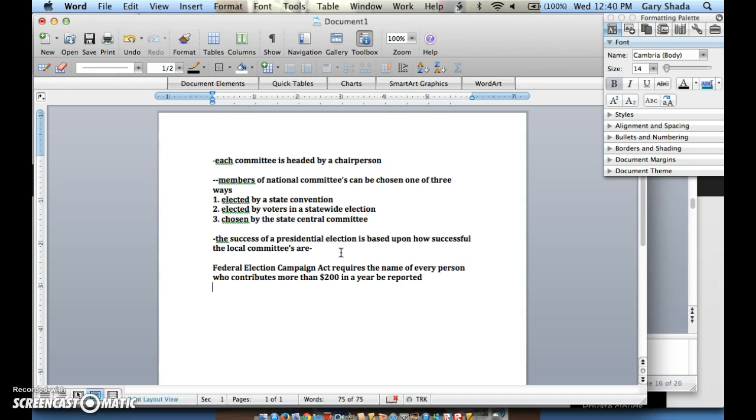Also, the law limits the amount of individual contributions to $1,000 in a primary election and $1,000 in a general election.